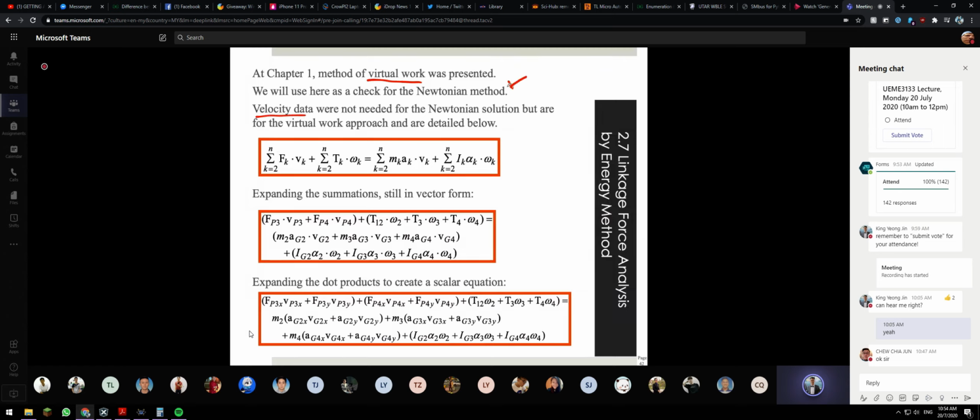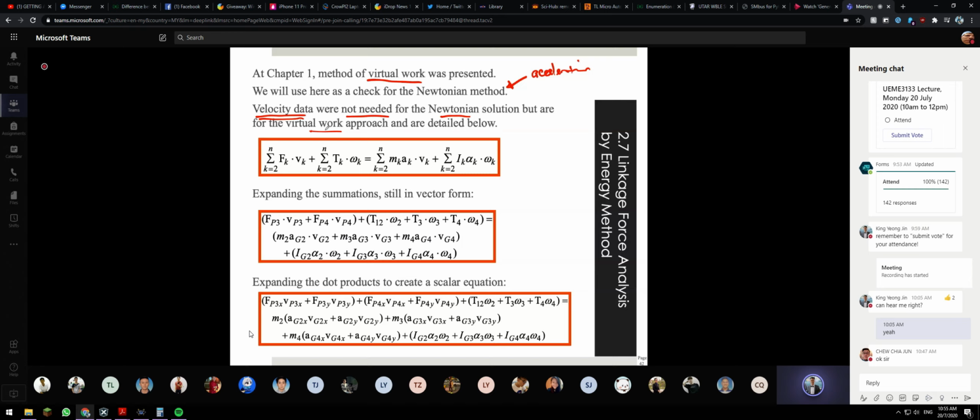So in the Newtonian method, what do we use? We use acceleration. Right? In virtual work, we use the velocity data. Right? That's why here it says velocity data is not needed in the Newtonian solution, but for virtual work, we have to use the velocity function.